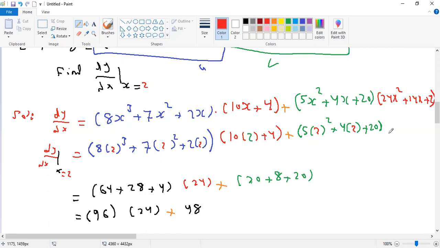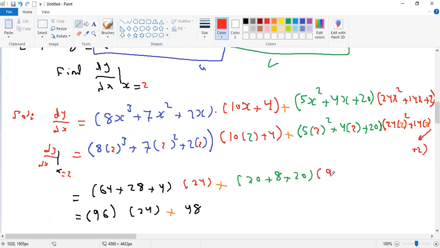Multiply by the last one: 24x squared plus 14x, plus 2. What is the x again? The x is 2. So put here 2, and here plus 2, which is already plus 2. So the answer is 4 by 24, so 4 by 24 is 96.